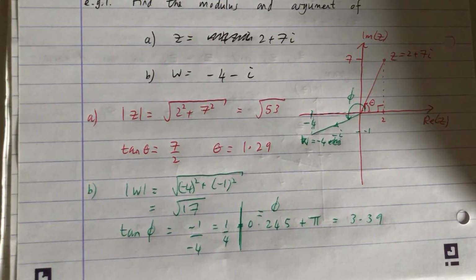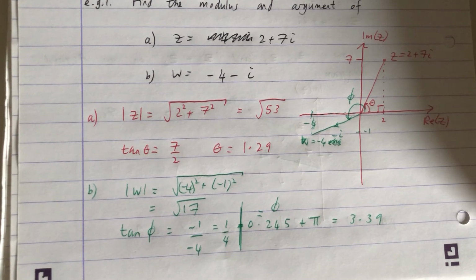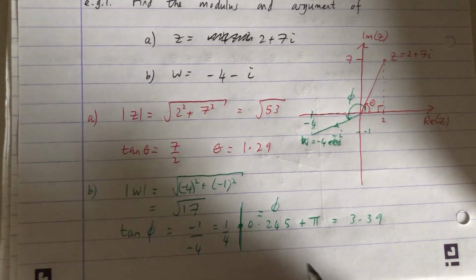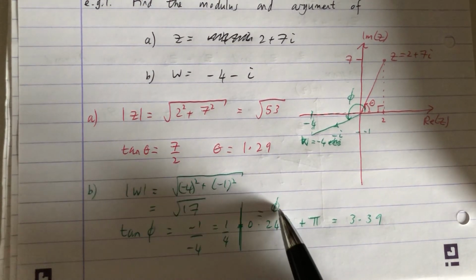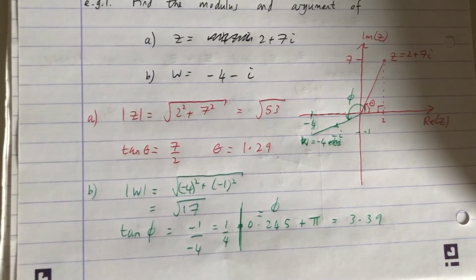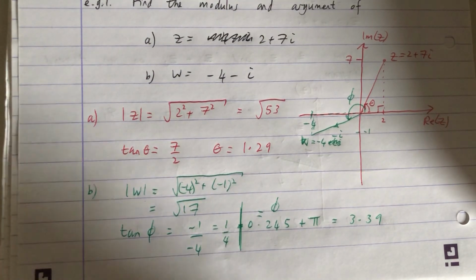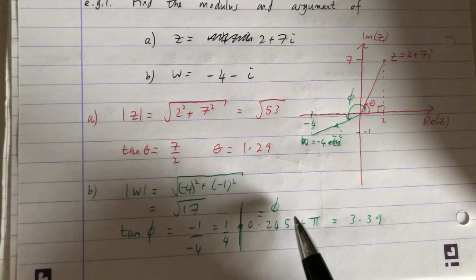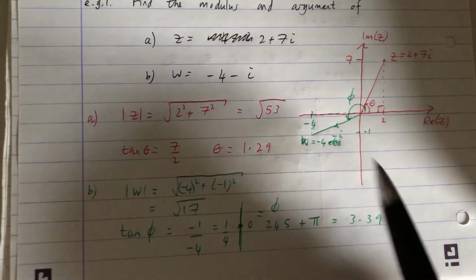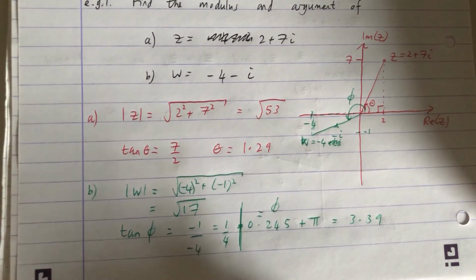Now, there's one annoying thing I have to define at the end, which, as I said, the argument or trig ratios repeat. So the arguments themselves would repeat every 360 degrees or 2 pi radians.